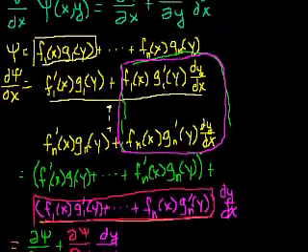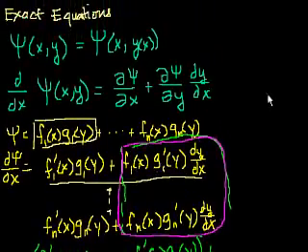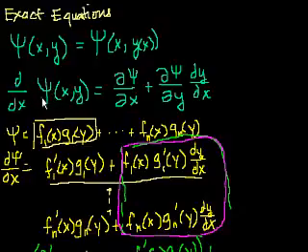So that's essentially all I wanted to show you right now in this video, because I realize I'm almost running out of time. That is the chain rule when you're taking the derivative with respect to one of the variables, but the second variable in the function is also a function of x. If xi is a function of x and y, and I take not a partial derivative but the full derivative of xi with respect to x, it's equal to the partial of xi with respect to x plus the partial of xi with respect to y times dy/dx.